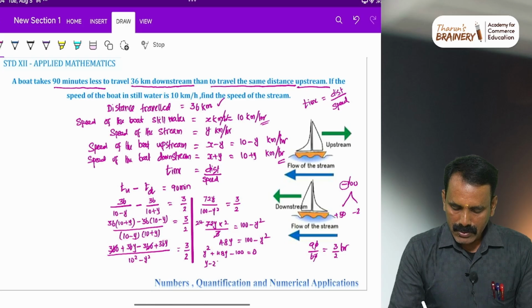So y minus 2 into y plus 50 equal to 0. So it is y equal to 2, as y equal to minus 50 is not possible. Why it is not possible? The speed cannot be negative.